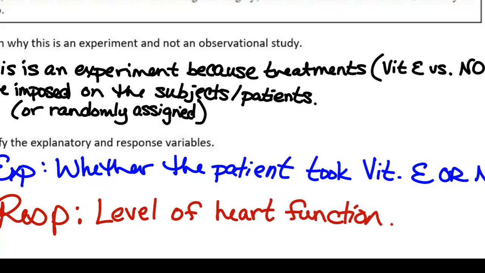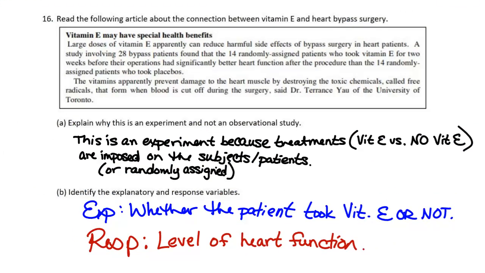I don't know what the actual test is, but I know that tests exist that can look at your heart: your heart is functioning at 50%, your heart is functioning at 75%, your heart is functioning at 100%. So we have those different levels that we could measure, and then we could use that information to compare between the groups.